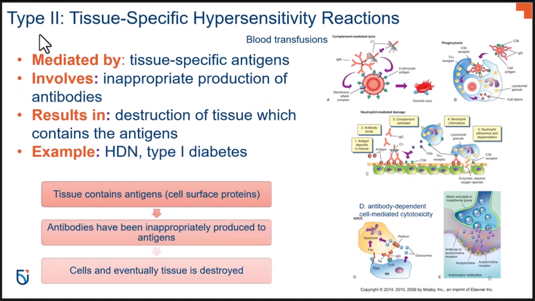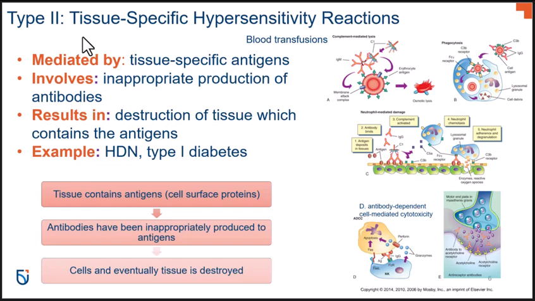Now let's look at type 2 hypersensitivities, also called tissue-specific hypersensitivity reactions. These are generally reactions against a specific cell or group of cells, which would be a tissue. Cells naturally express a variety of antigens on their surfaces. Some of these antigens are called tissue-specific antigens because they are only expressed on the plasma membrane of certain cells.